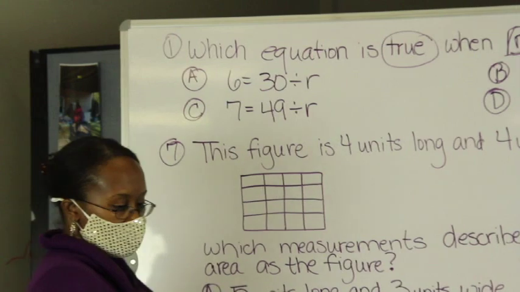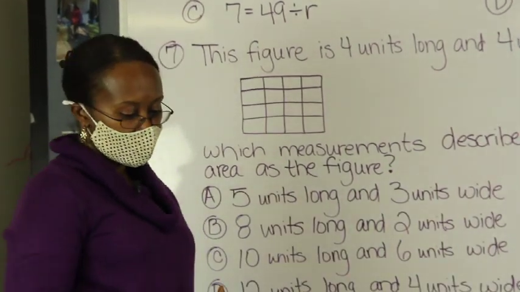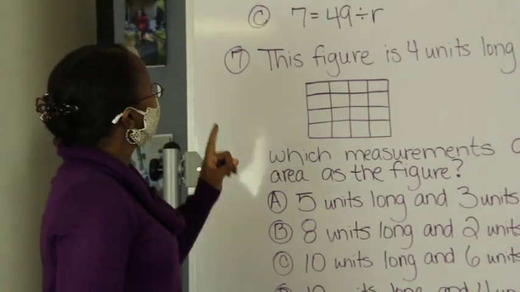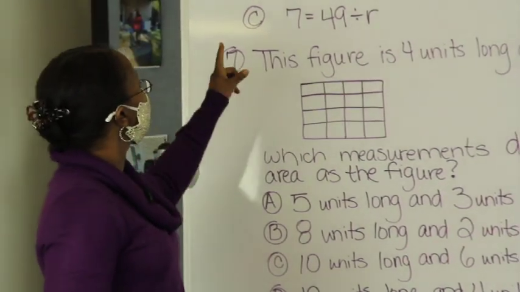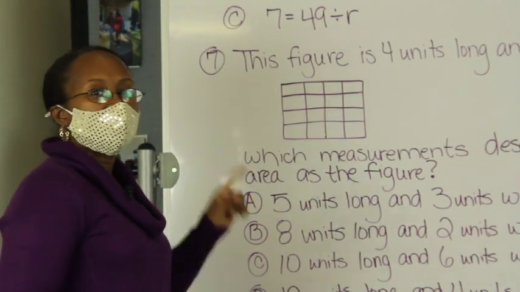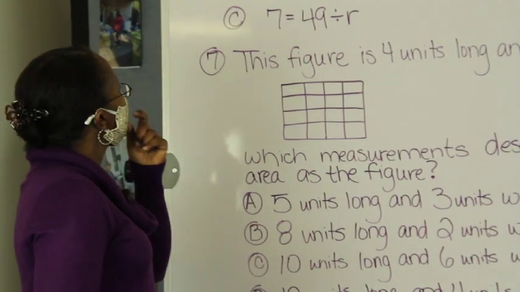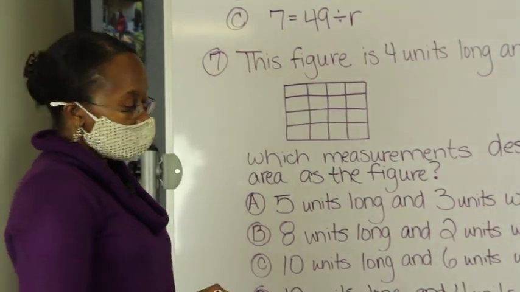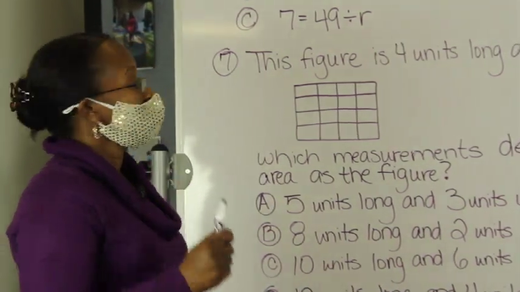There are several ways you can do it. You can just solve each answer by using 7 in the equation to see if it's correct. That would probably be the best thing to do, actually.